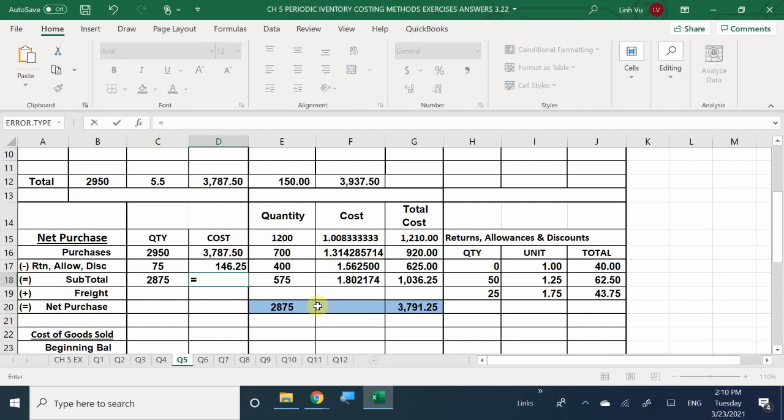Same thing here, right? If we had a total purchase price of 3787.50, but we subtracted and got a refund for 146.25, how much should we have now? 3641.25. Correct. Okay, so I'll give you a second to plug that in.